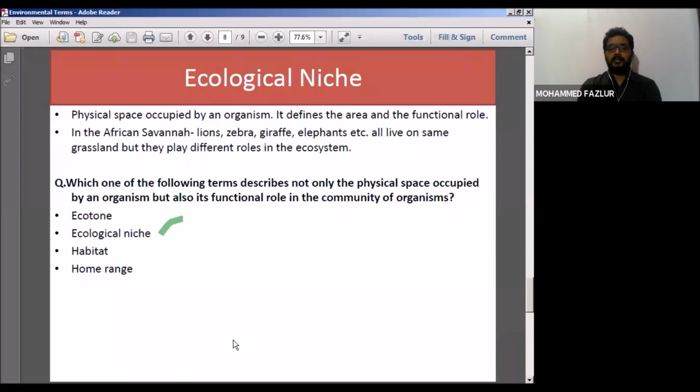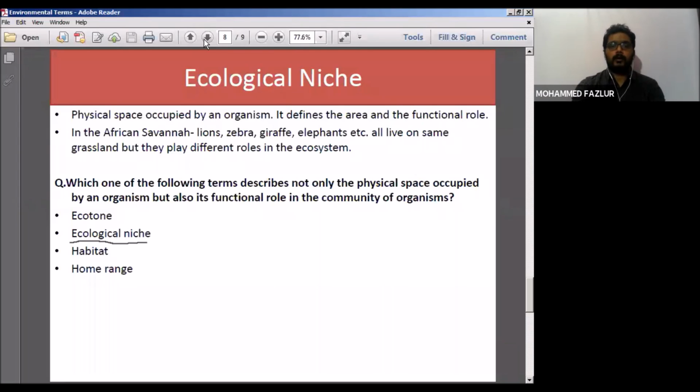The answer for that is ecological niche. Somebody has already marked it, very good. Just remember two important terms here. One is the area, that is, a particular habitat. Next, in that habitat, what is the role of that species? Then the answer will be ecological niche.